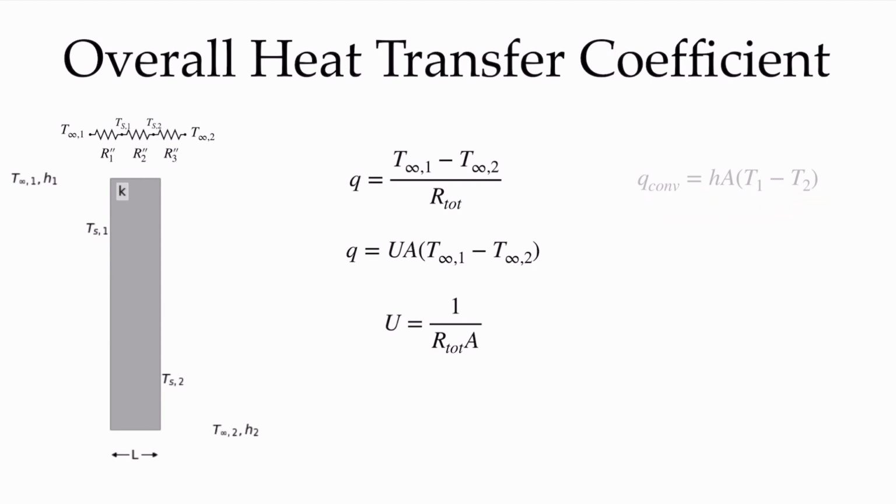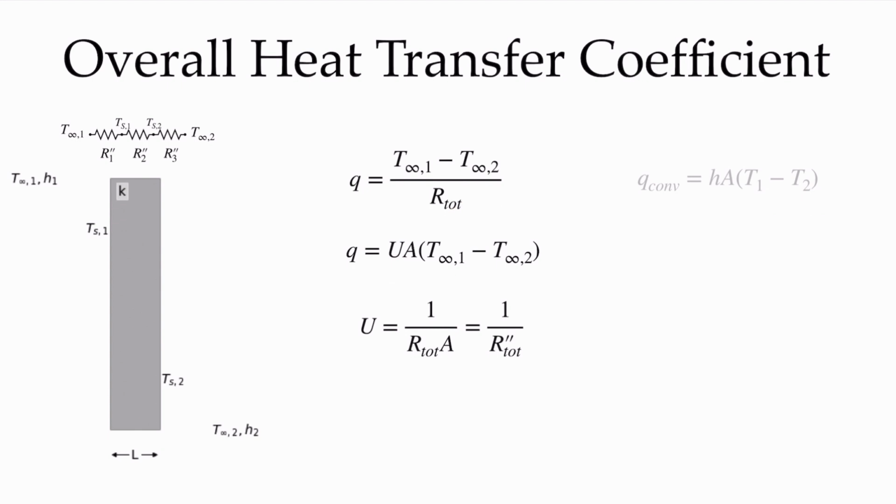And so to do that, we note that we could write that Q is equal to U, which we'll define here and call our overall heat transfer coefficient, times the area times a difference in temperatures. Now this looks exactly the same as Newton's law of cooling, except what does U have to be in order to make this so? U is simply the inverse of the R total times the area, or the inverse of the area-specific resistance.